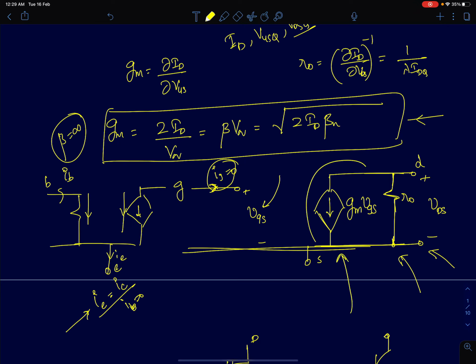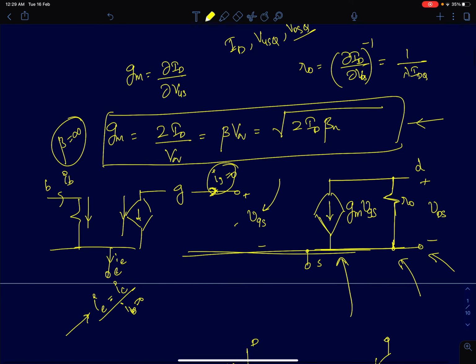So at the output you have a voltage controlled current source, and at the input, since it's the gate terminal of a MOS device, the gate current is 0. Between gate and source it's an infinite input impedance, since even if the gate to source voltage is finite, there is no gate current flowing through the gate terminal, because there is an oxide insulator in between. So we represent it as an open circuit.